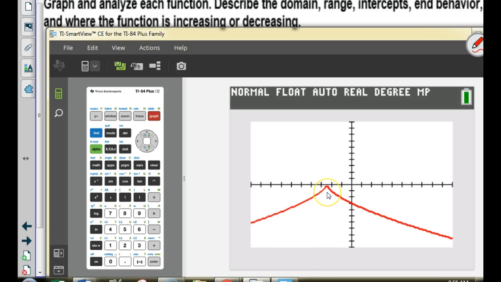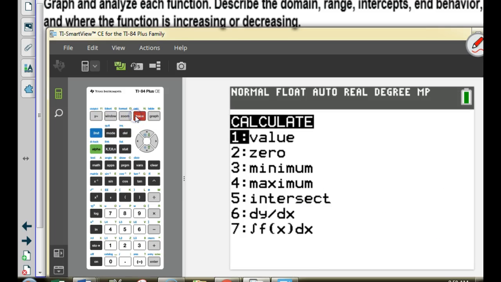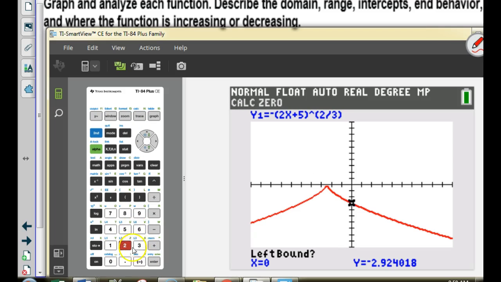How are we going to find that intercept? What? No, we have to do all kinds of stuff. But it's kind of hard to find a 0, I think, with the 0 function here, isn't it? Because it never crosses.